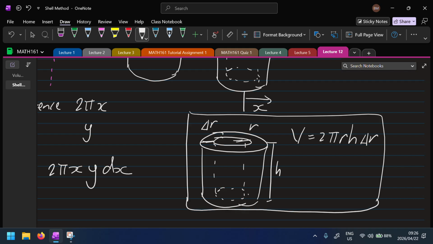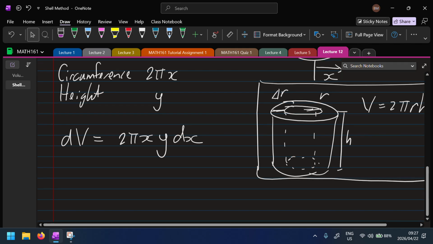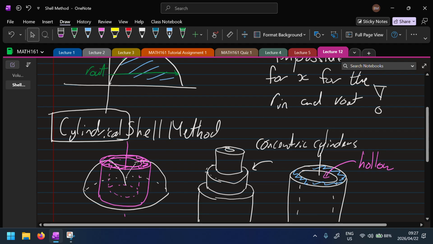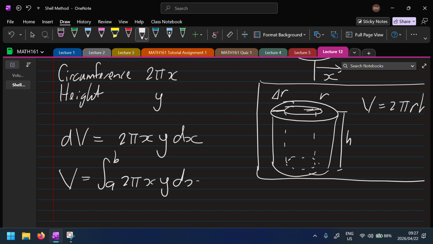If you've got a cylindrical shell with a little bit of thickness to it, that's the volume: 2 pi r h times the thickness of the shell. That's the volume of one of the shells. Now we're adding it up, going outwards for the x radius, so that's equal to the integral from a to b of 2 pi x y dx. We're just adding up all of those cylindrical shells going outwards.